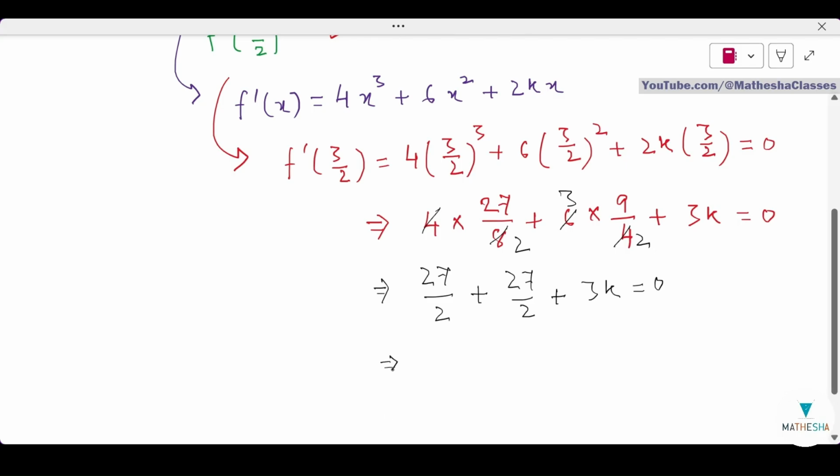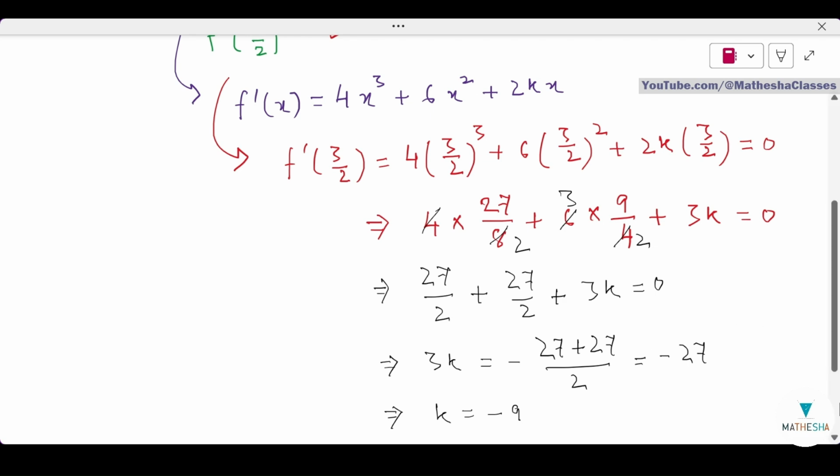So that means 3k is equal to minus 27 plus 27 by 2. So that is minus 27. So that means k is equal to minus 9.